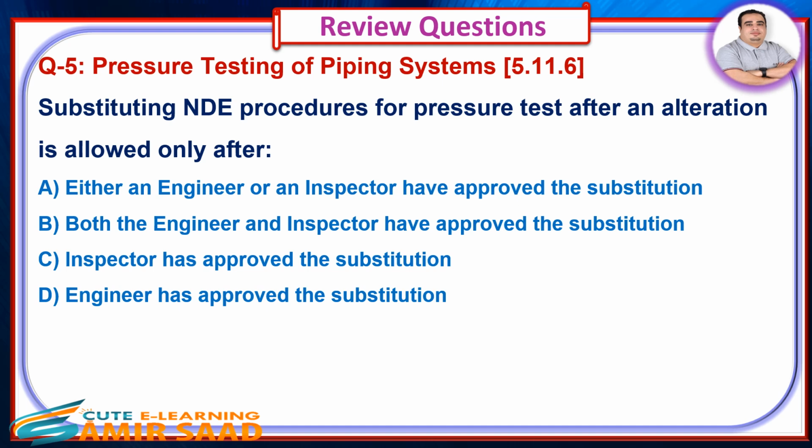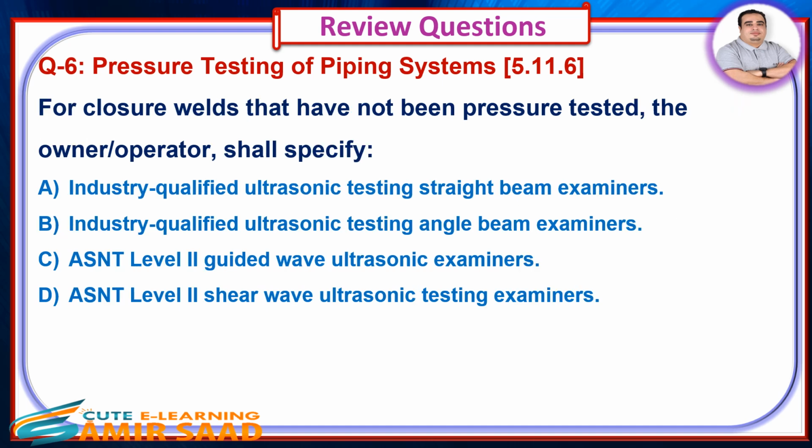Substituting NDE procedures for pressure test after an alteration is allowed only after... Answer is B. Question number 6. For closure welds that have not been pressure tested, the owner/operator shall specify... Answer is B.